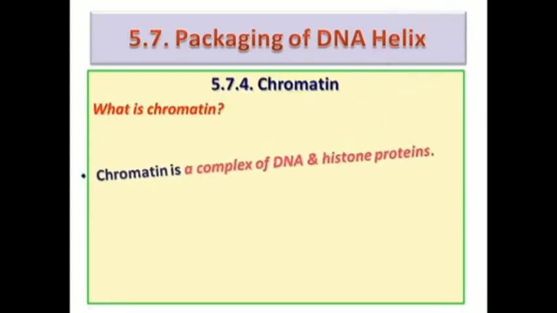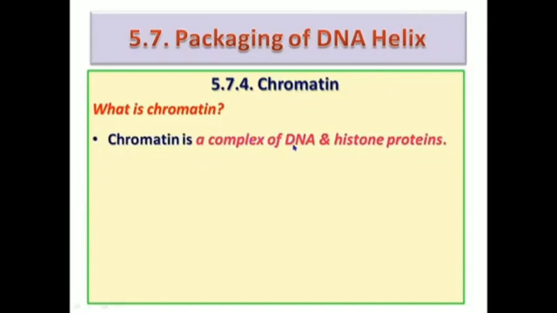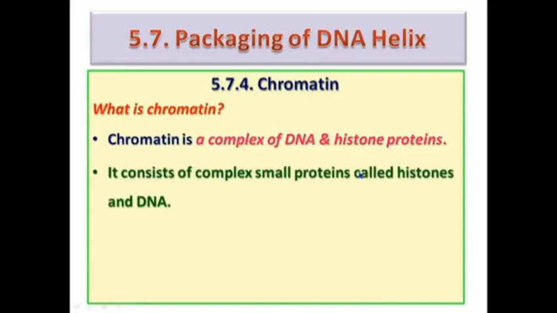What is chromatin? Chromatin is a complex, a mixture of DNA and histone proteins. What are histones? Small complex proteins are called histones.